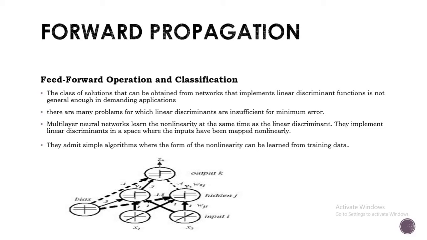As mentioned earlier, wkj can be represented as the output weights, and wji as the hidden layer weights, and x1, x2 as the input layer.